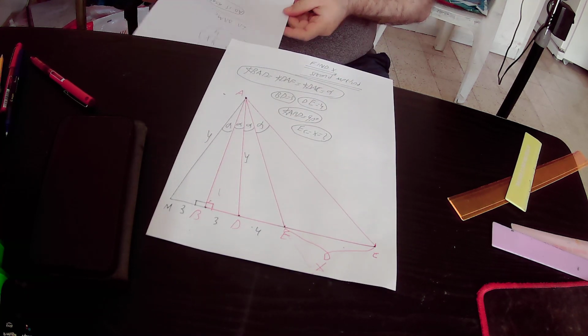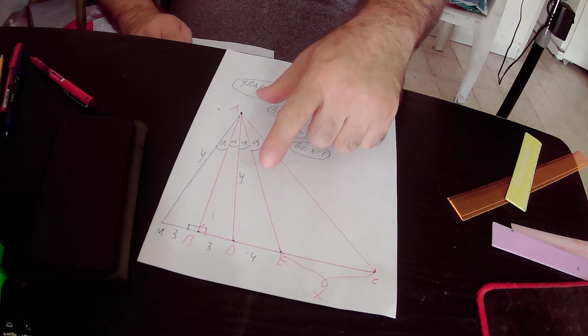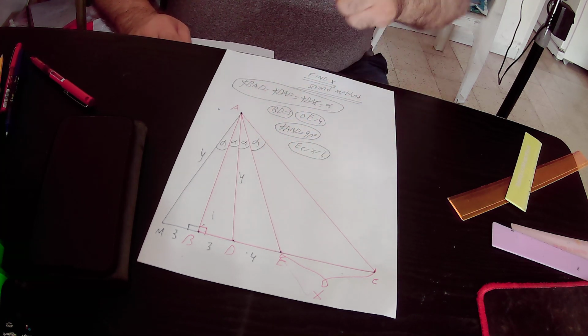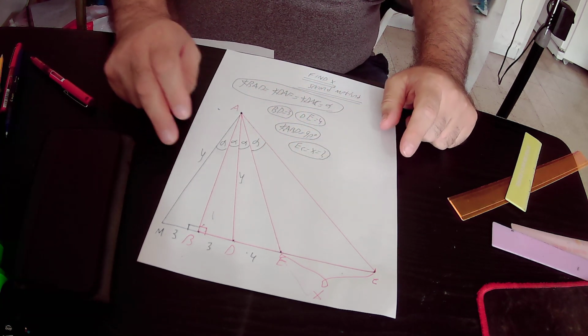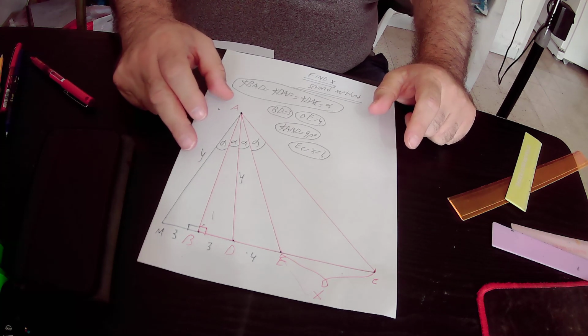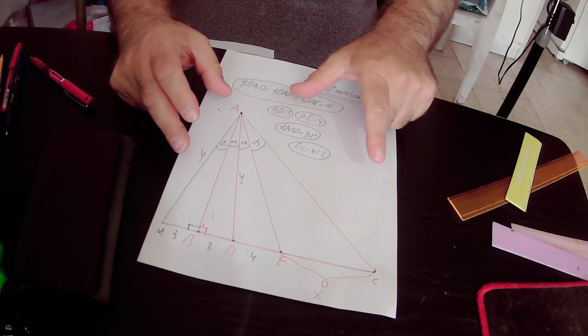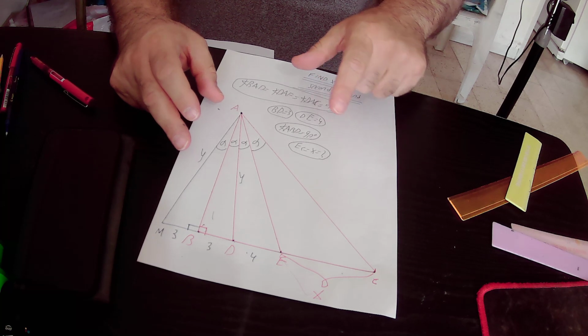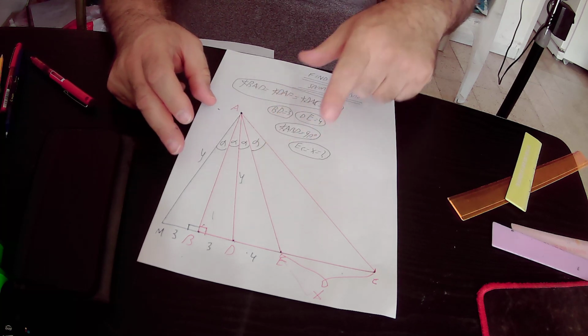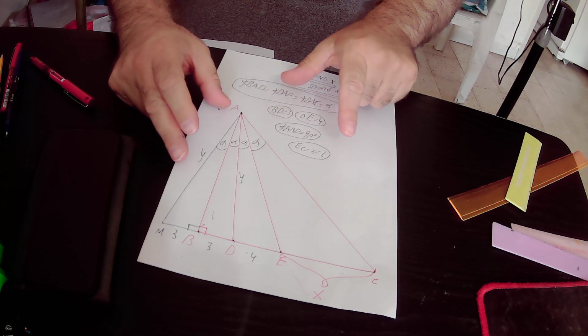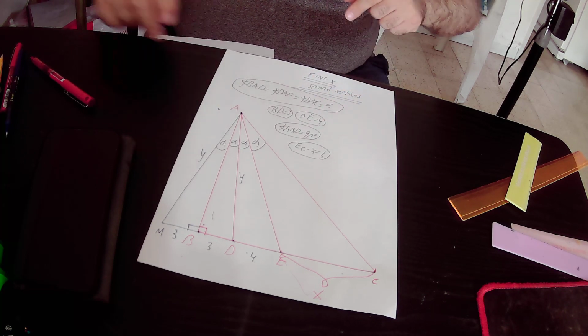So why is AD angle bisector? AD is angle bisector because it bisects angle MAC. That is to say, it divides angle MAC into two equal parts.